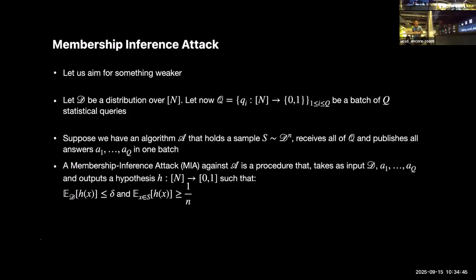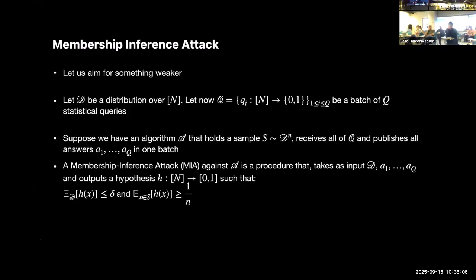In that case, a membership inference attack against the algorithm is just a procedure that has knowledge of the distribution D and all the query answers it wants through A(Q), and has no information about the sample S, which is kept secret from it.